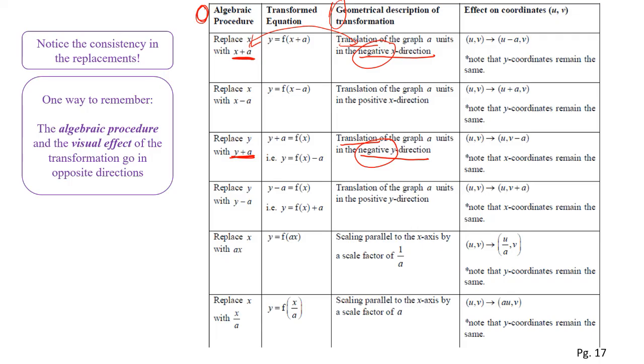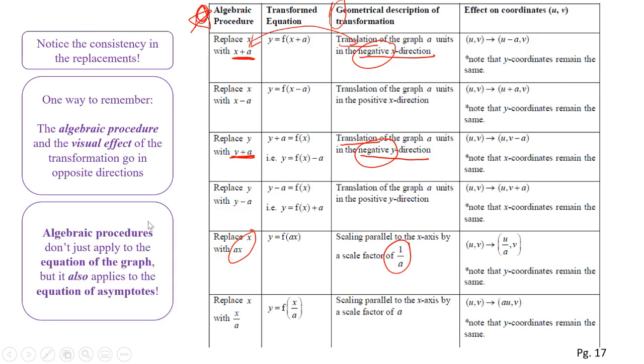Looking at the replacement of x with ax, we have a scale factor of 1 over a. So there's that opposite kind of effect going on. Anchoring on this algebraic procedure is quite helpful because we've got so many transformations to handle. We are looking for some consistency to help us relate the geometrical transformations accurately. This is why I have this note that they go in opposite directions.